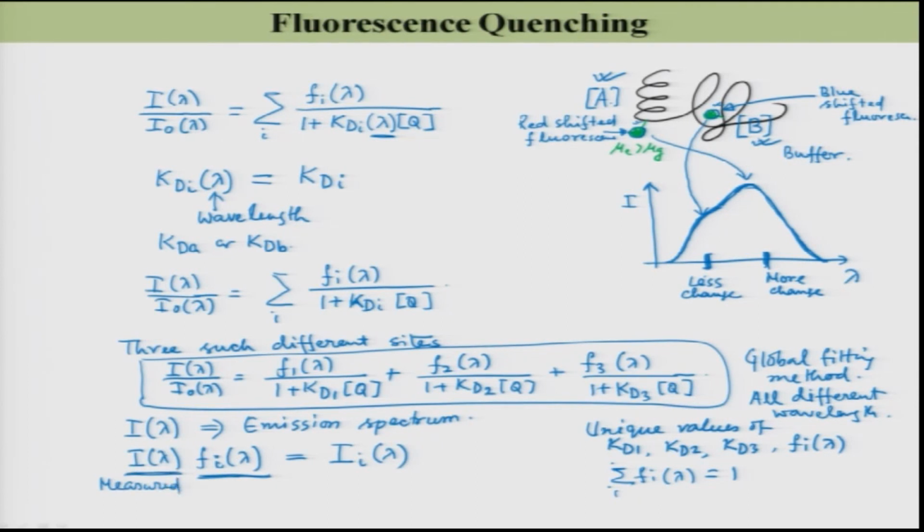So, if you multiply this measured one with all these F_i lambda, you will get the spectrum for the ith species, and that is what we call quenching resolved emission spectra.